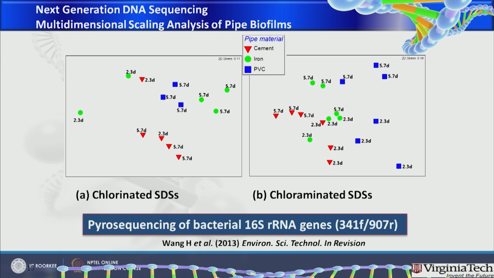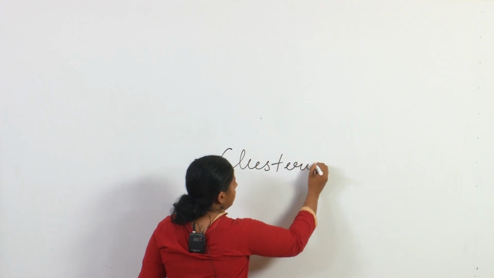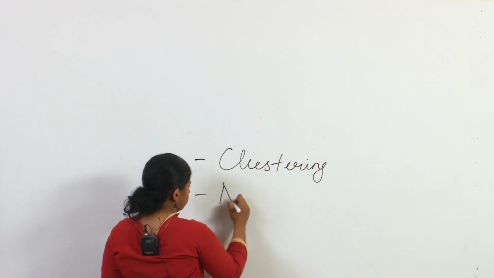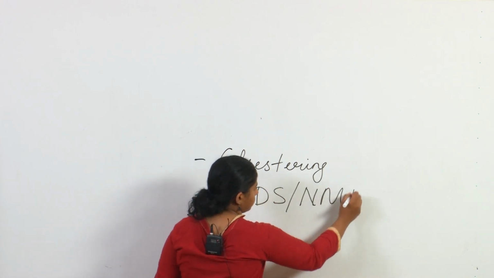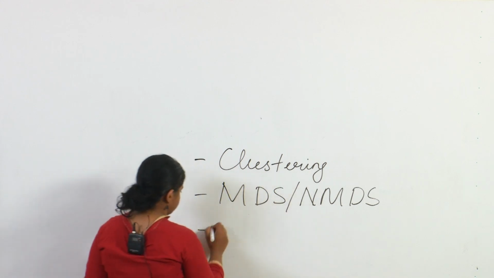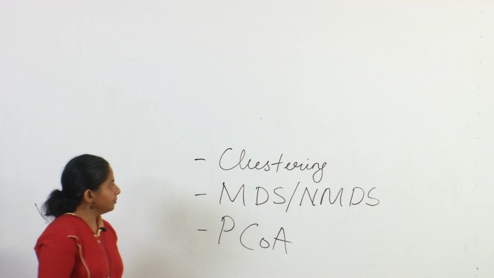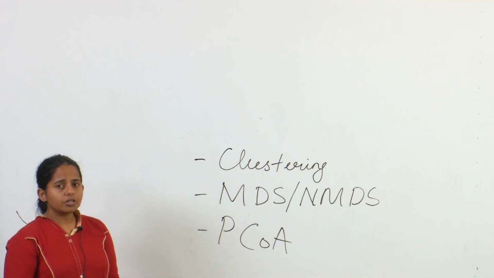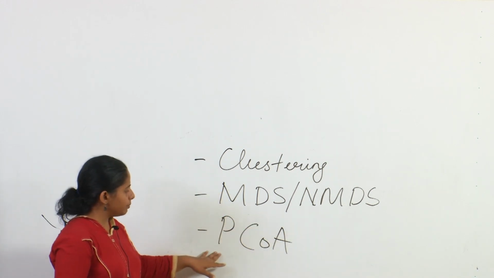The three statistical techniques most commonly used for microbial community analyses are clustering, MDS or NMDS, and PCoA.